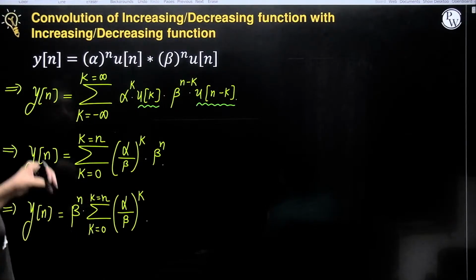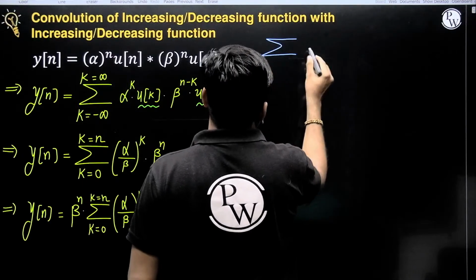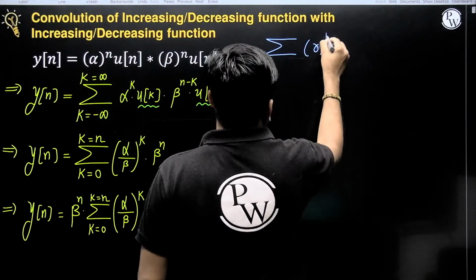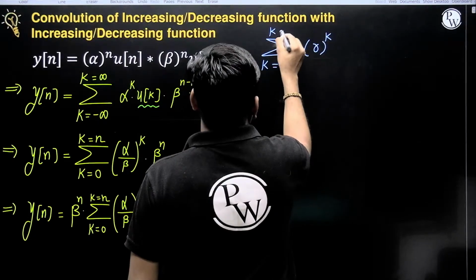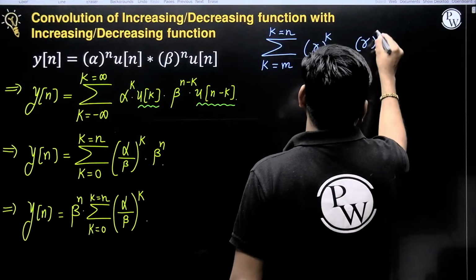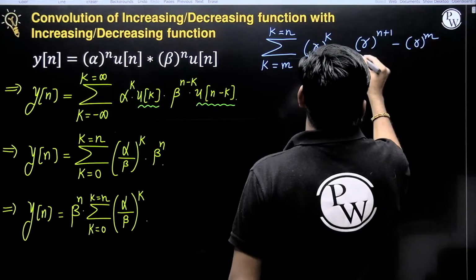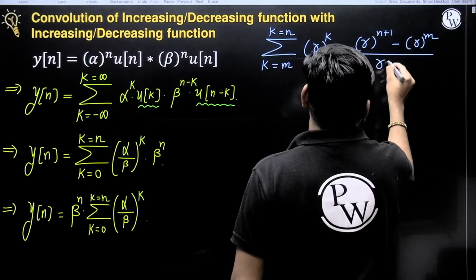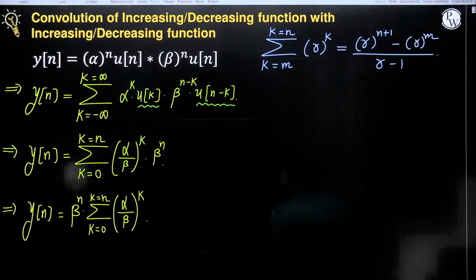Now we know the important formula, I hope you remember: summation of r power k, where k is from m to n, the answer will be r power n plus 1 minus r power m divided by r minus 1, correct?